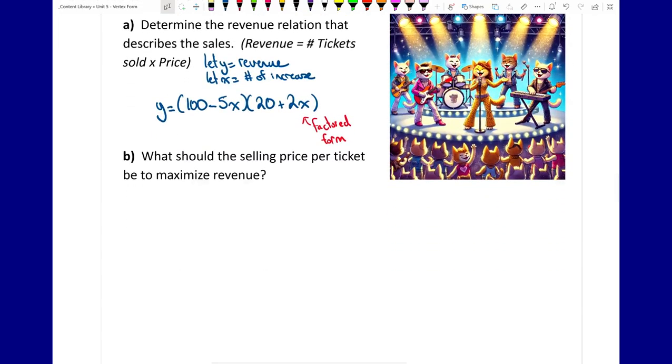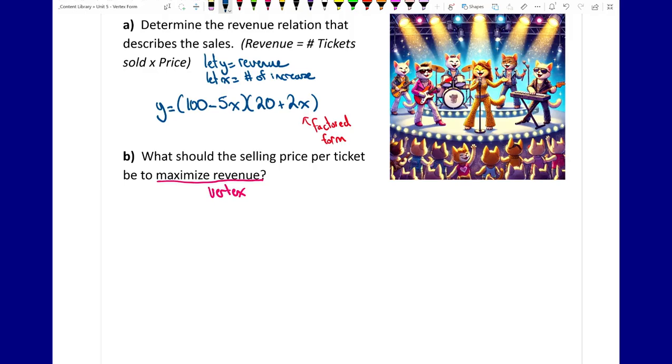So what should the selling price per ticket be to maximize revenue? Because we're dealing with the maximum revenue, or trying to find an optimal value, this should tell us that we're looking for the vertex. I want to find the x value of the vertex, because that will tell me the number of price increases.